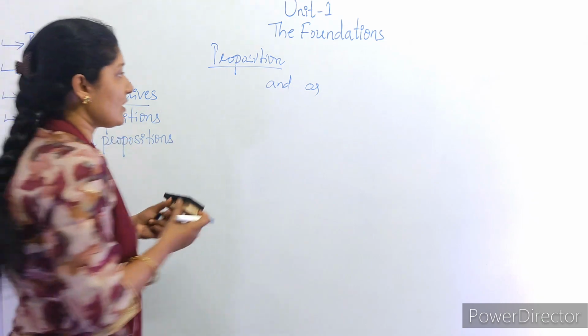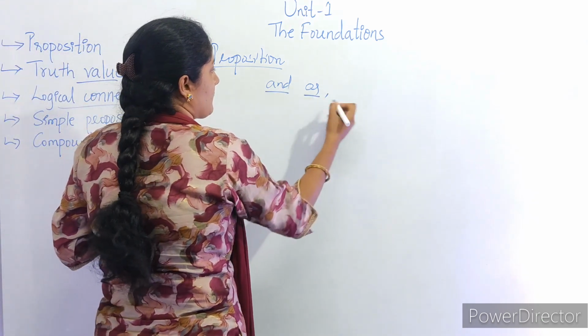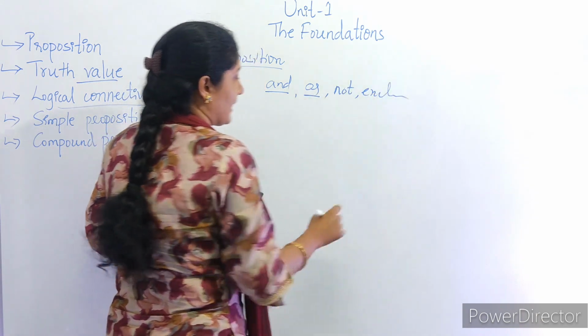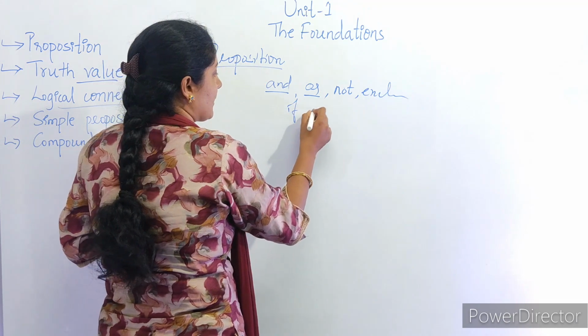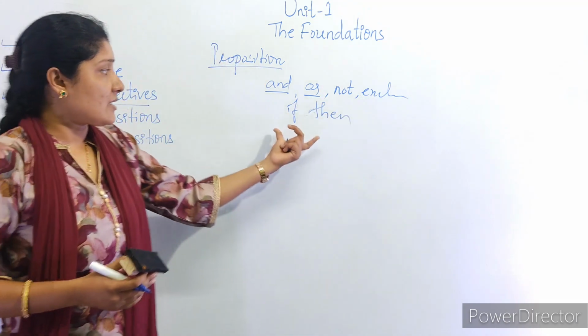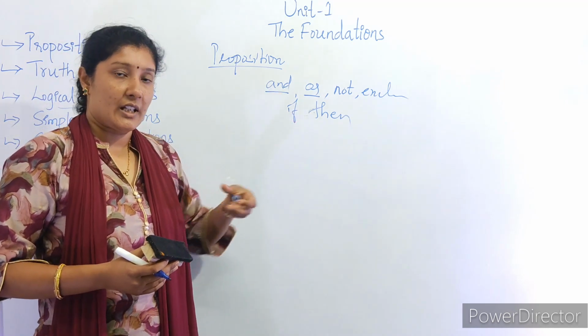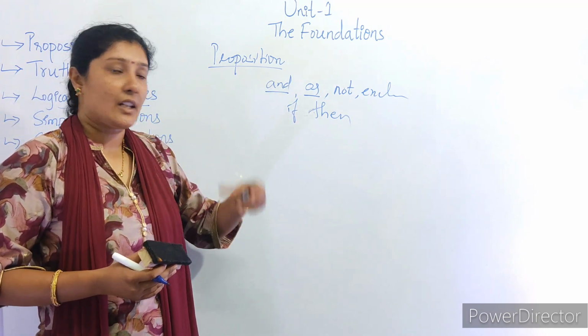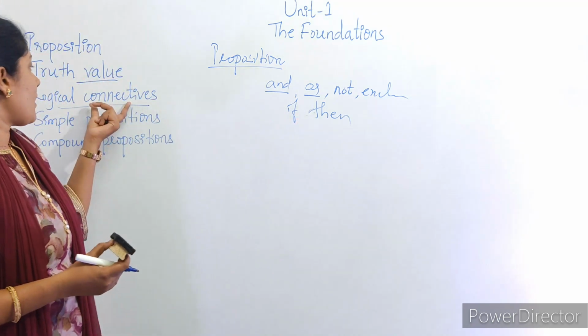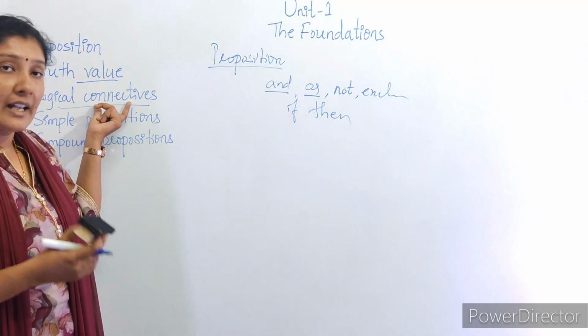So logical means and, or, not, exclusive or, like that. And some words like if, then. So when such words are used in the given propositions, then new propositions are created. So these words are called as logical connectives.